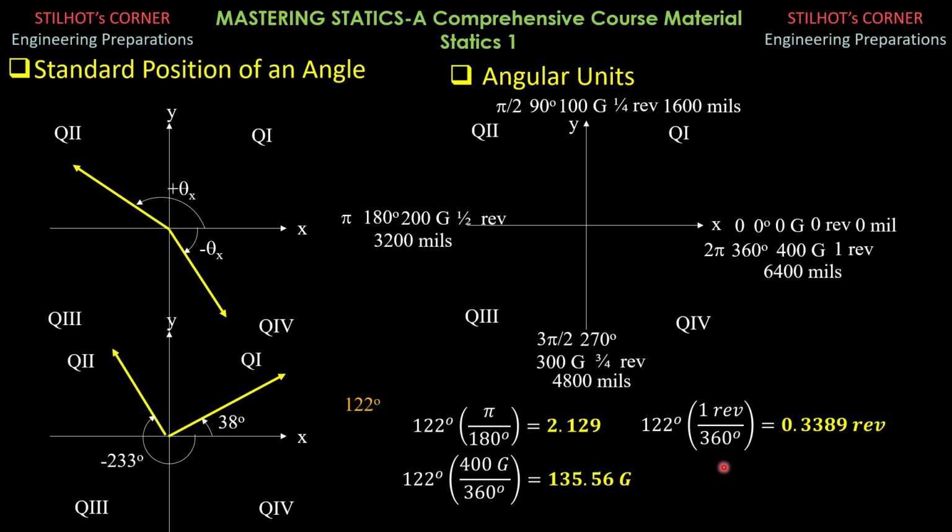Then in mils, 122 degrees times 6,400 mils over 360 degrees, and that's 2,168.9 mils.